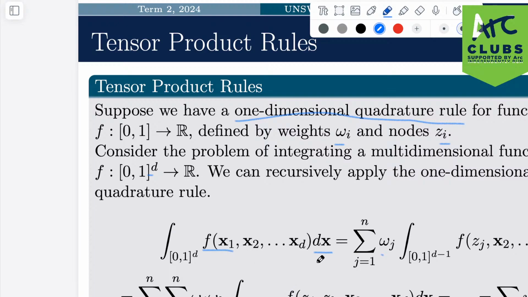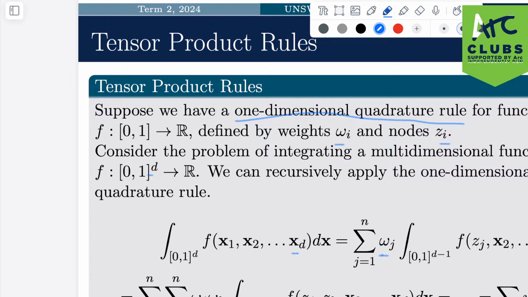Maybe I should start with xd. Well, I guess it doesn't really matter. So I can start with xd, right? So I approximate the integral of f(xd) dxd using the quadrature rule with predefined wj and zj.